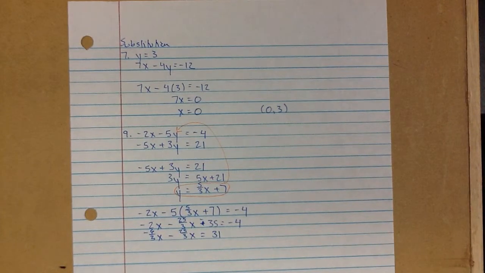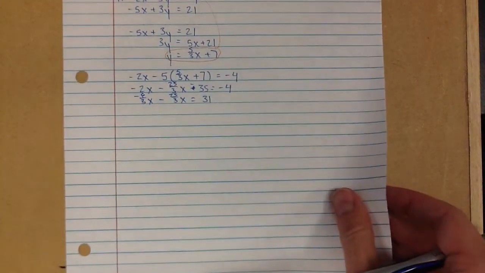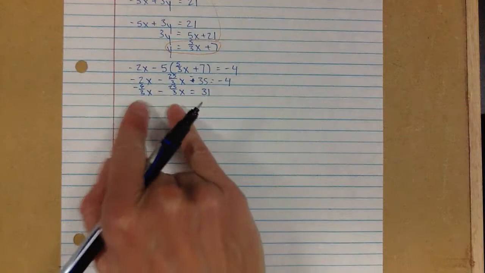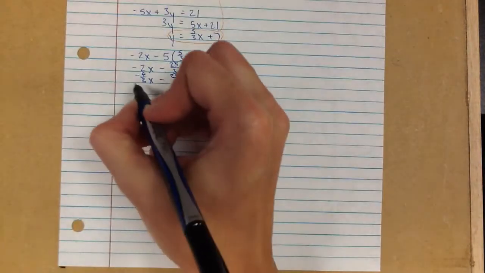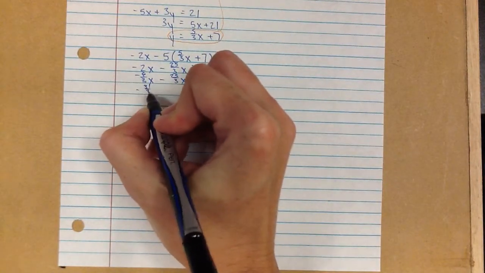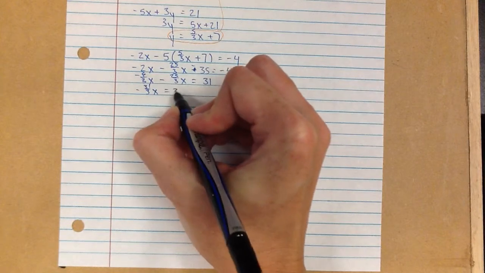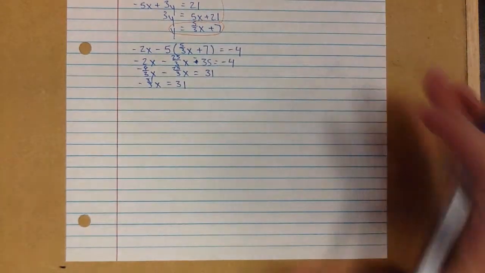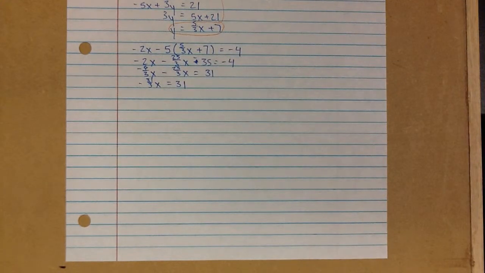I'll move the 35 over. Put those together. Negative 31/3 x equals 31. So to get x by itself, I would divide by negative 31/3. Dividing by a fraction is the same thing as multiplying by what?